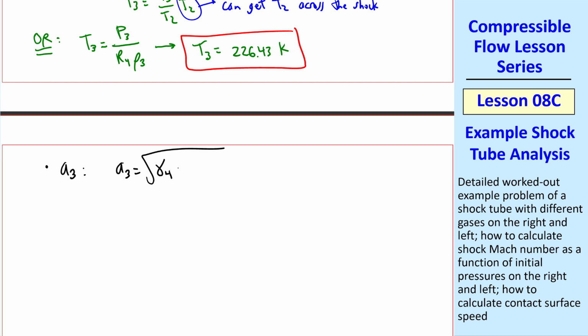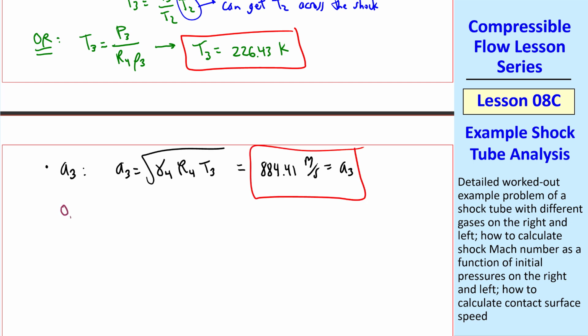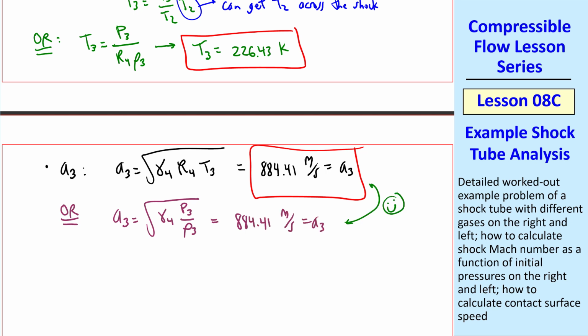a3 is the square root of gamma 4 R4 T3, noting again that region 3 is in gas 4. This gives us 884.41 meters per second. Again, if you can find an alternate way to calculate some of these things, it's a good idea. An alternate form for a3 is the square root of gamma 4 P3 over rho 3, and that also gives us the same answer as it must, which is always nice.